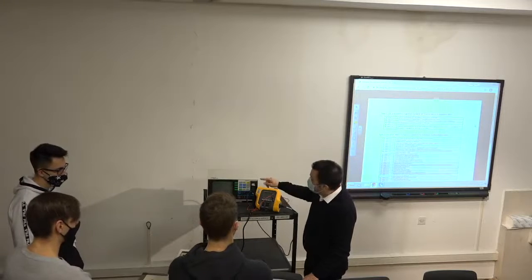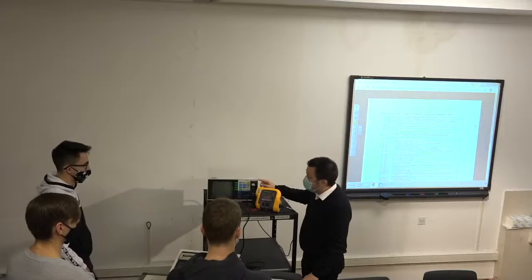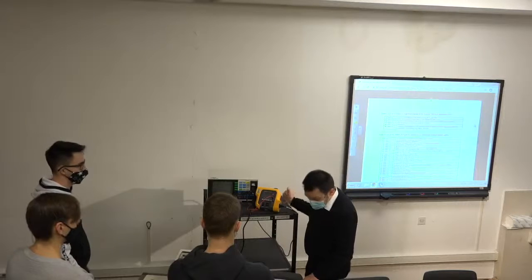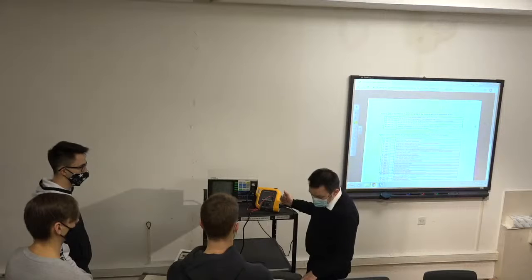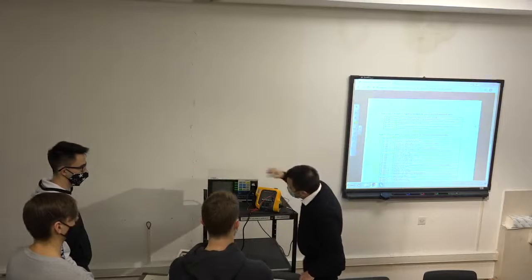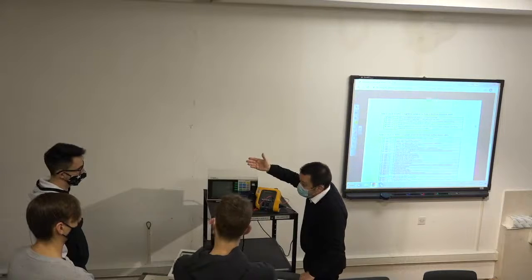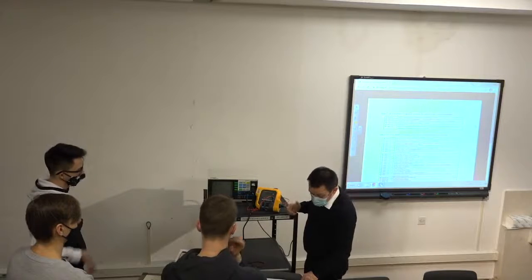Then chassis leakage, that means when I touch one of these metallic parts that are contactable, how much current will flow towards the ground from there. Direct equipment leakage, because from each of these metallic parts there may be some current flowing out, so it may also be dangerous.